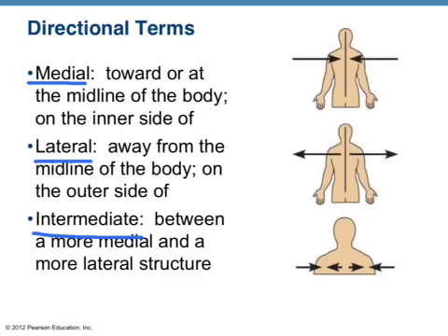And here's something to bring up for these directional terms, is that they are also always relative for a particular structure. You don't see it pictured here, but perhaps you've heard of an MCL. That's a ligament as part of the knee joint, and that is the medial collateral ligament, as opposed to the LCL, which is the lateral collateral ligament.